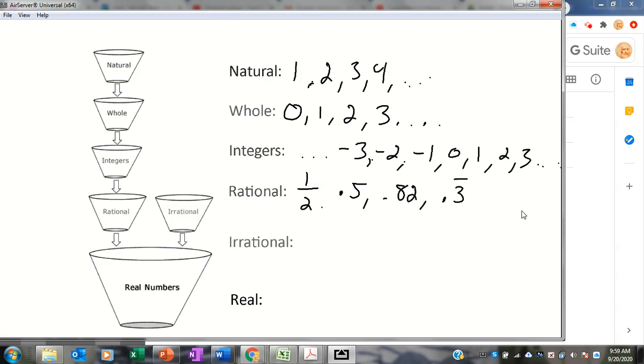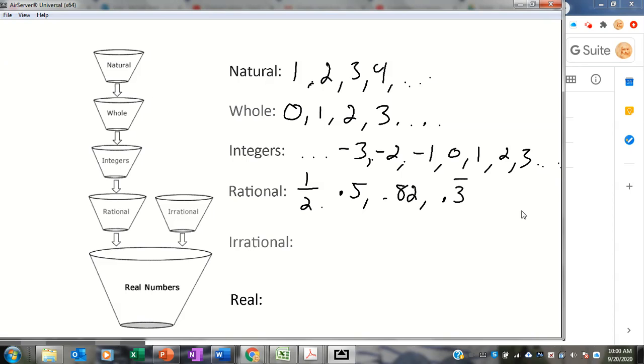Notice I wrote 0.3 with a line over top. That actually means 0.33333 goes on and on forever. So that's a repeating decimal. Fractions, terminating decimals, and repeating decimals all belong to the rational family of numbers.